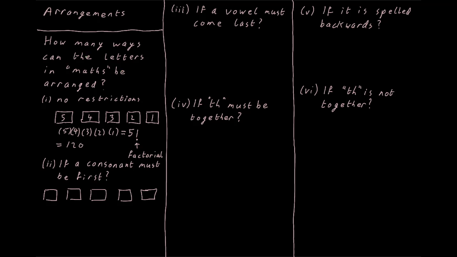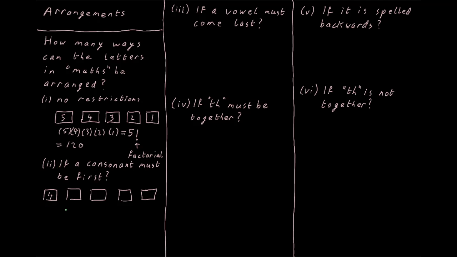We only have one vowel in maths, it's the A. So we'd have 1, 2, 3, 4 options for our first letter. Our first letter has to be a consonant, so we'd only have 4 options available. We could only take the M, the T, the H, or the S, and we could put any of those 4 down for the first letter.